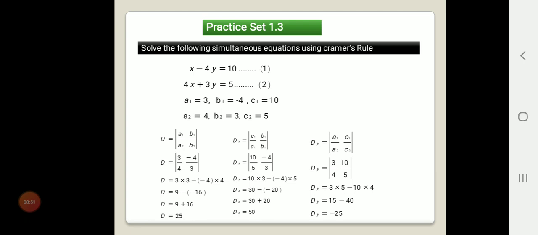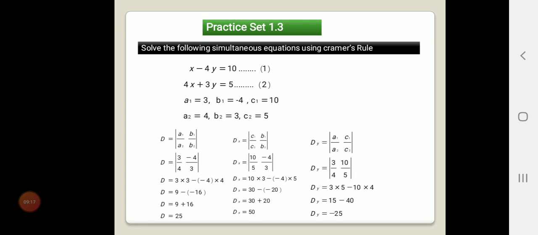As well, we find the value of Dy. In this determinant we omit b1, b2 and replace them by c1, c2. Therefore Dy is equal to a1, a2, c1, c2. We put in the values of a1, a2, c1, c2.